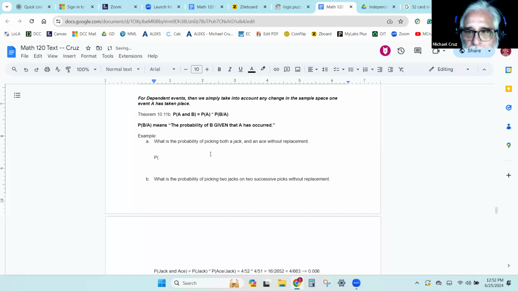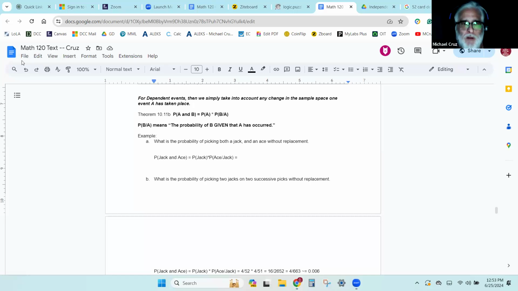So the probability of a jack and ace is equal to the probability of the jack times, and now formally this looks kind of weird, the probability of that ace given that the jack was picked. All it means is we're going to have a little bit of counting to do for that second pick.